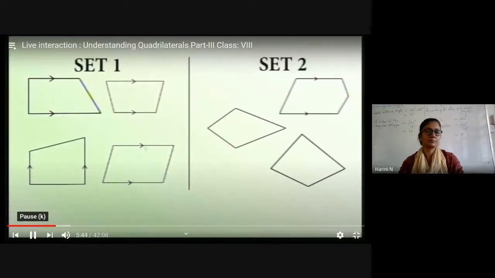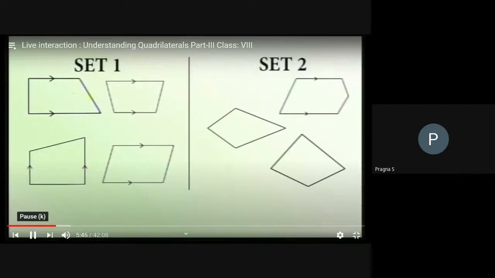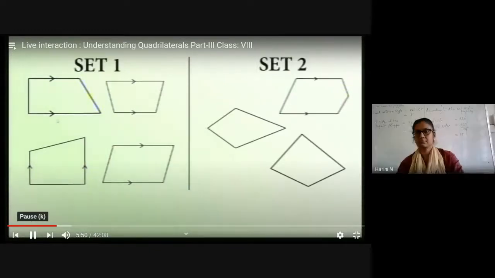We know these arrow marks indicate that those two lines are parallel lines. So what is common in all these four quadrilaterals? One pair of opposite sides in each of them is parallel. Now let us shift on to the second set.